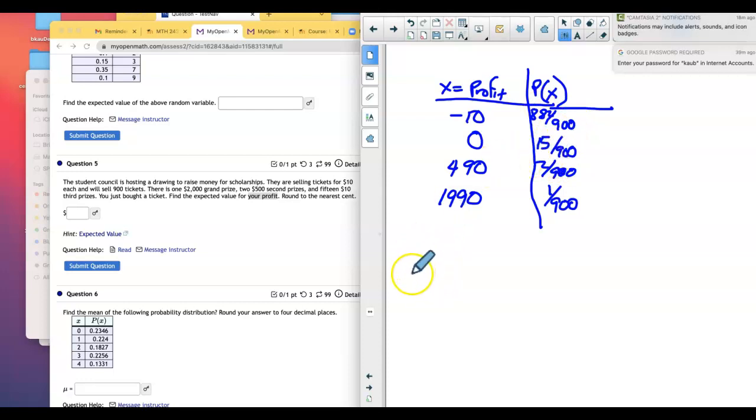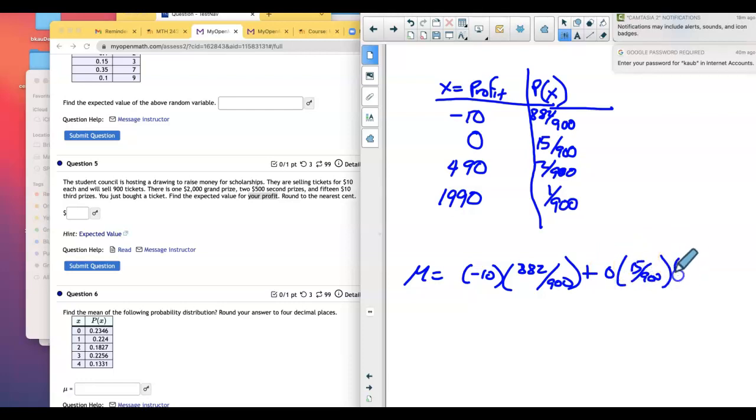To get the mean or the expected value, all we have to do is take negative 10 times 882 divided by 900, plus 0 times 15 over 900, plus 490 times 2 over 900, plus 1990 times 1 over 900.